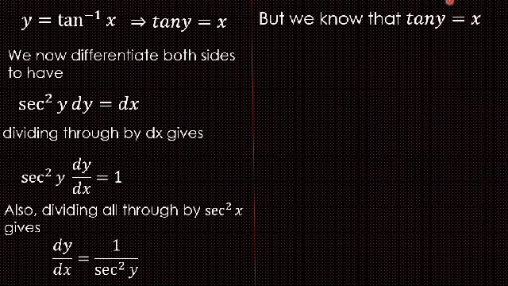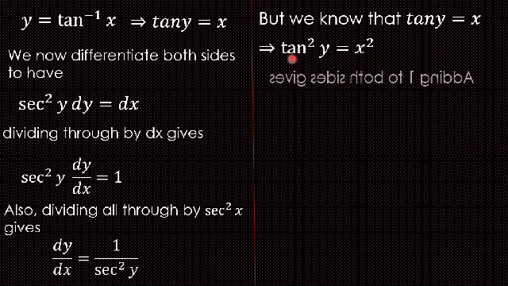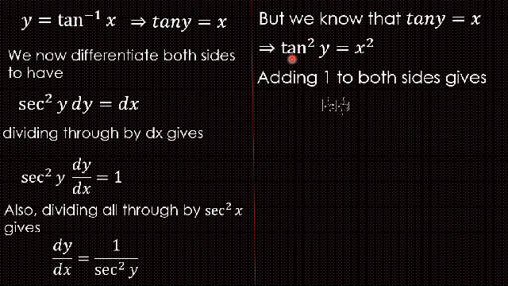So we all know that tan y, like I have it here, is equal to x, right? Good. Now if we square both sides, we are going to have tan squared y equal to x squared. Secondly, if we add 1 to both sides, we are going to have tan squared y plus 1 equal to x squared plus 1.